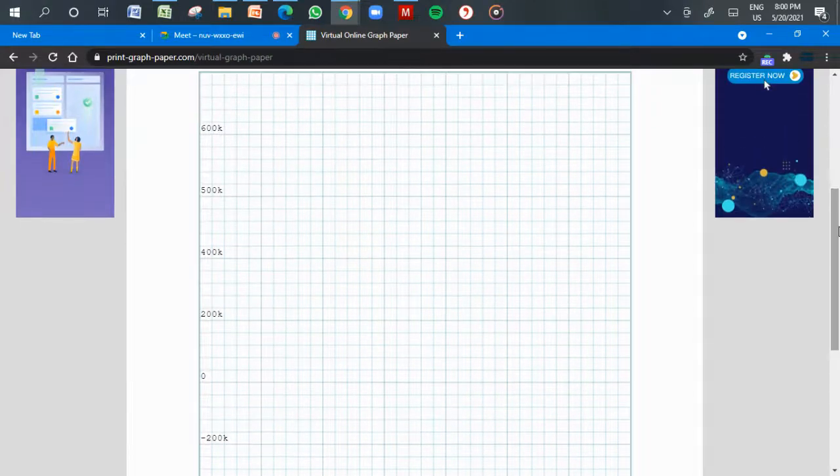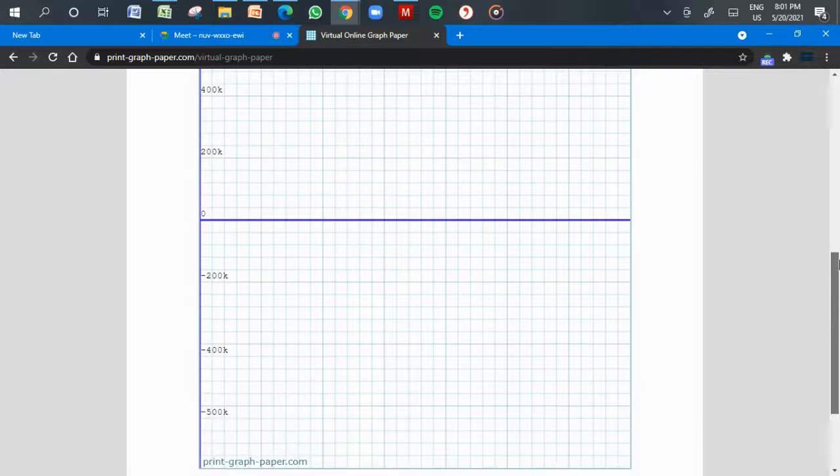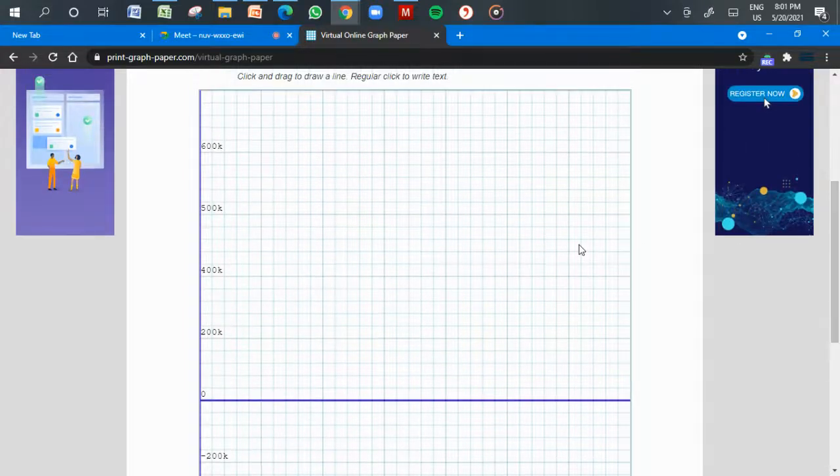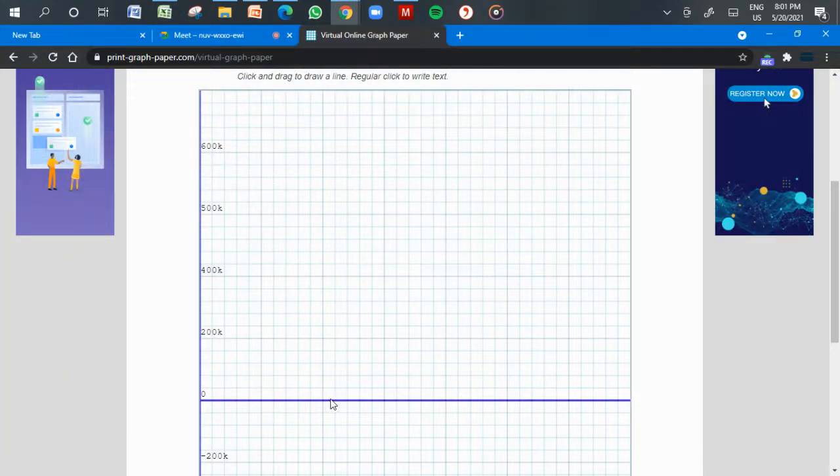Okay, so where is our x-axis? Our x-axis is here. Then where is our y-axis? Our y-axis is here. So what are we constructing on the x-axis? It will be just our cumulative profit. Then on the y-axis, our cumulative sales. Here our maximum is 2 million. We have how many things here? 1, 2, 3, 4, 5, 6, 7.